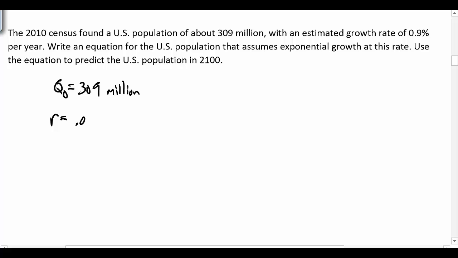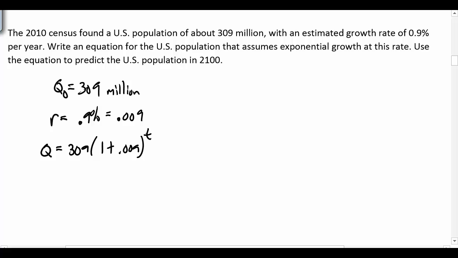Well, it's 0.9%, which as a decimal is 0.009. And so our formula would be Q equals 309 times 1 plus 0.009 raised to the t power.